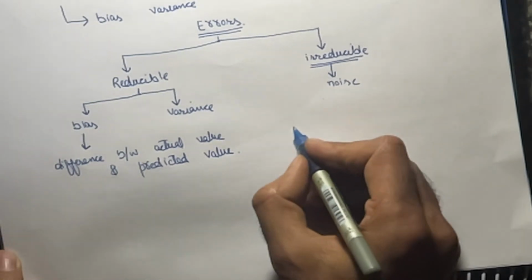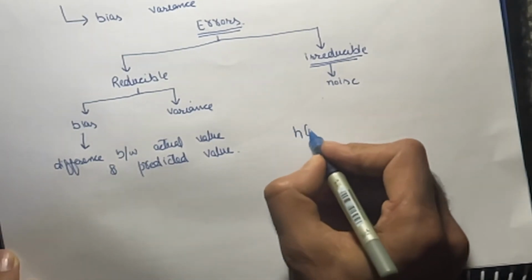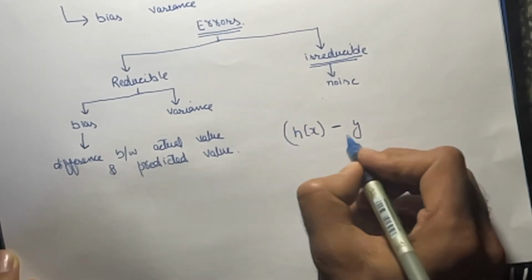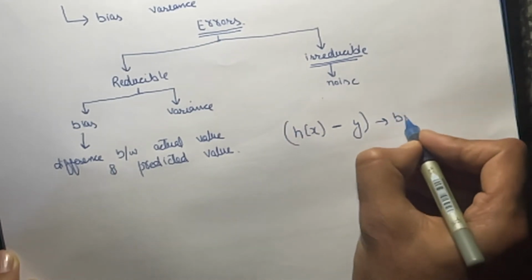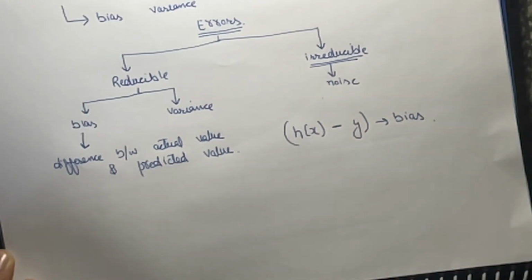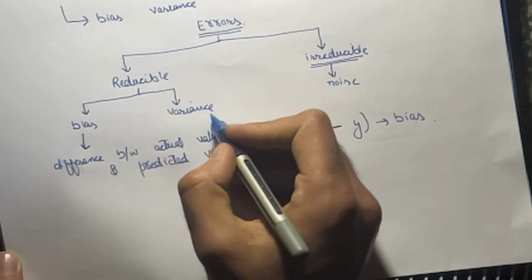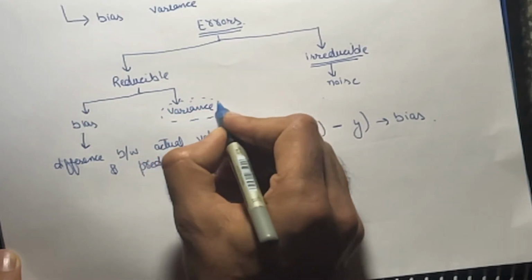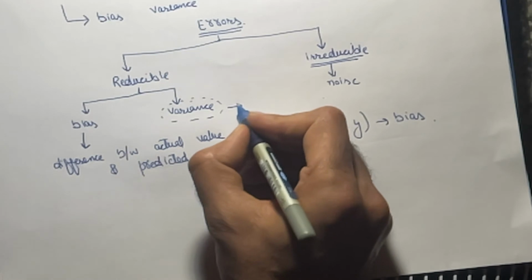So if our predicted value is h of x and our actual is y, this error is called a bias. And variance is also an error, this particular quantity. But what kind of error?